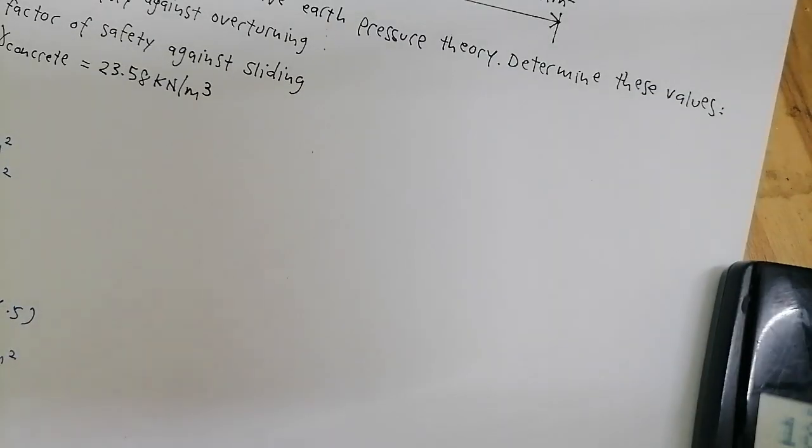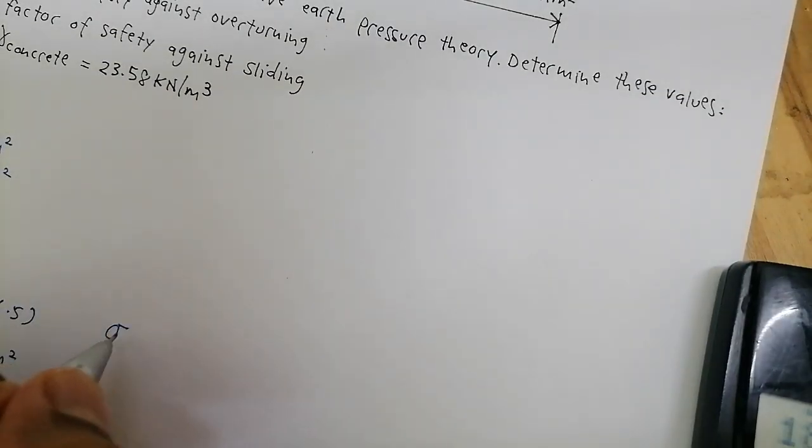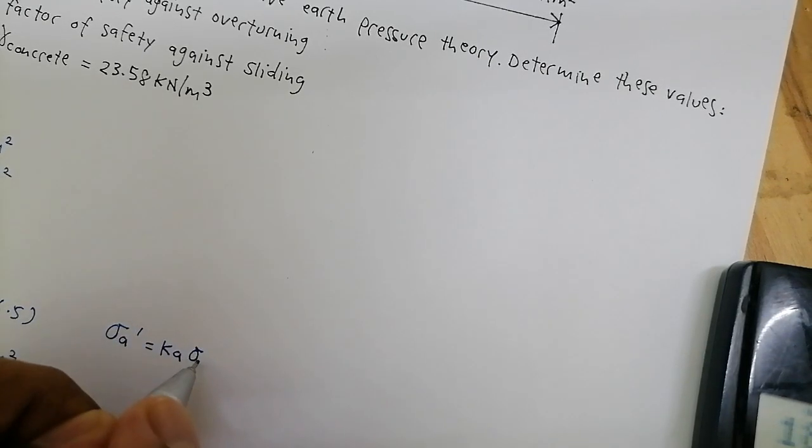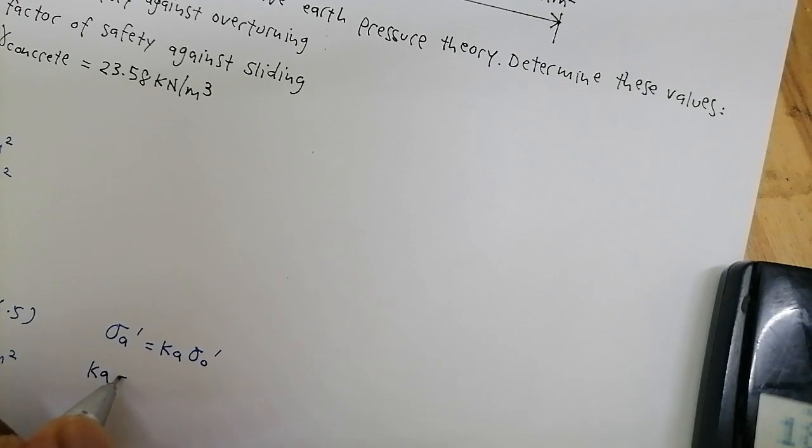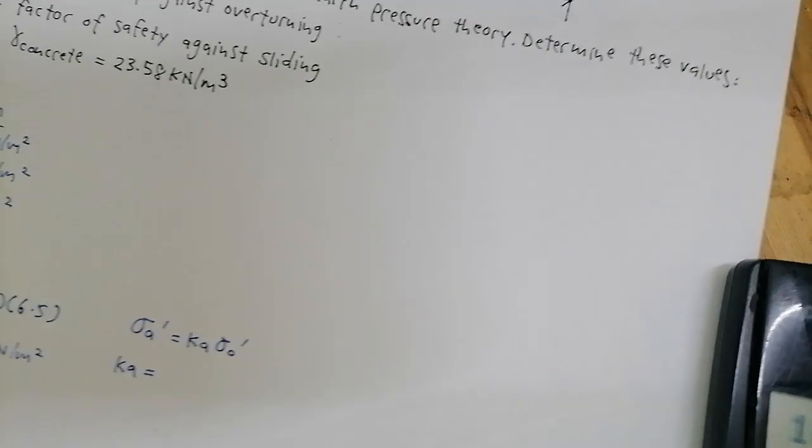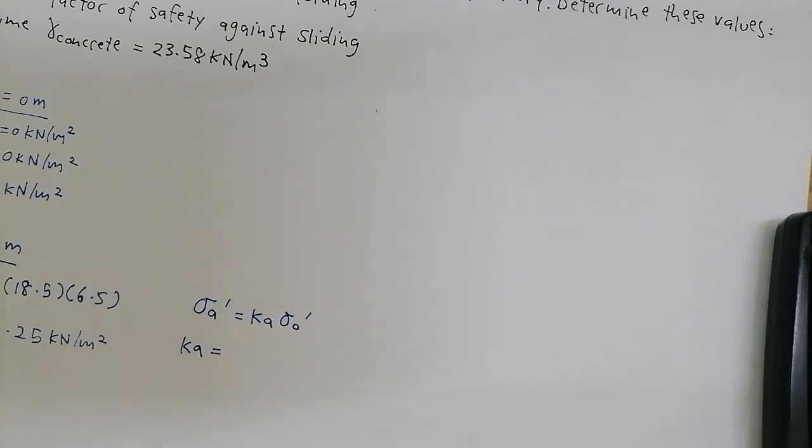All right, and now Coulomb's active earth pressure equals Ka times vertical effective stress. Ka equals what? So we have to use one of the tables. Remember, you can use the table or you can use the long formula that I showed you in lecture 3 part 1.